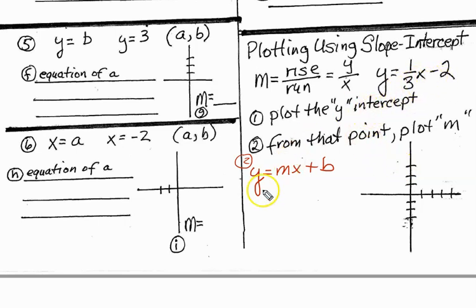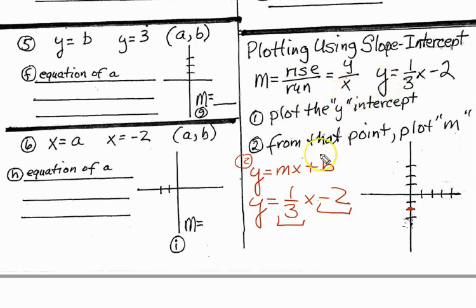Because if we know, for instance, as we have in this equation, y equals 1/3 x minus 2, we know the y-intercept. So we put a dot on the y-intercept, which is right here, negative 2. Now we also know our slope. From that point, we're going to plot the slope. And slope is a ratio of rise units, which are y, over run units, which is x.